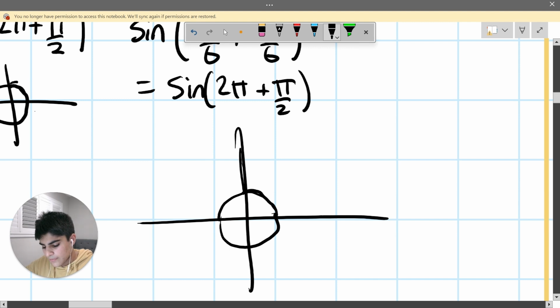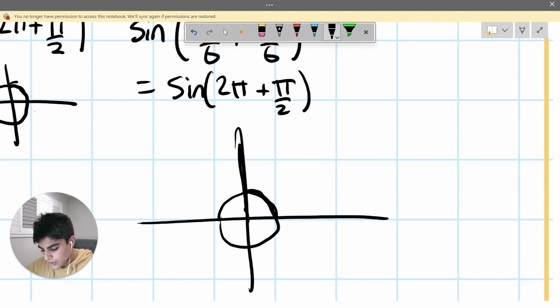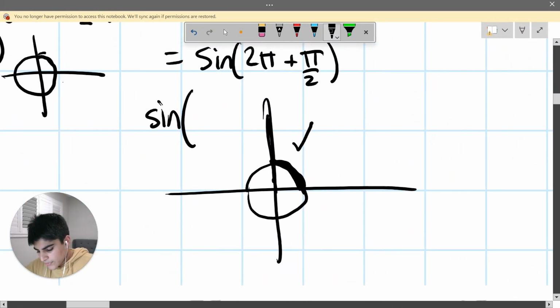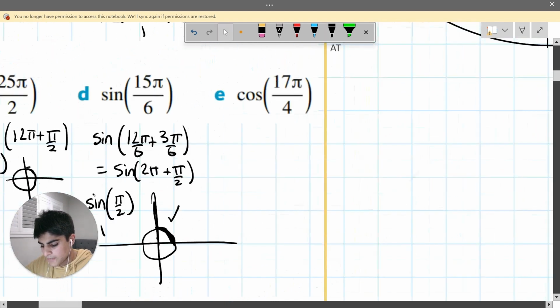This exact value is 1 because this value is equivalent to sine pi on 2. Sine is positive in this quadrant, so the exact value of this is equivalent to sine pi on 2, which equals 1.